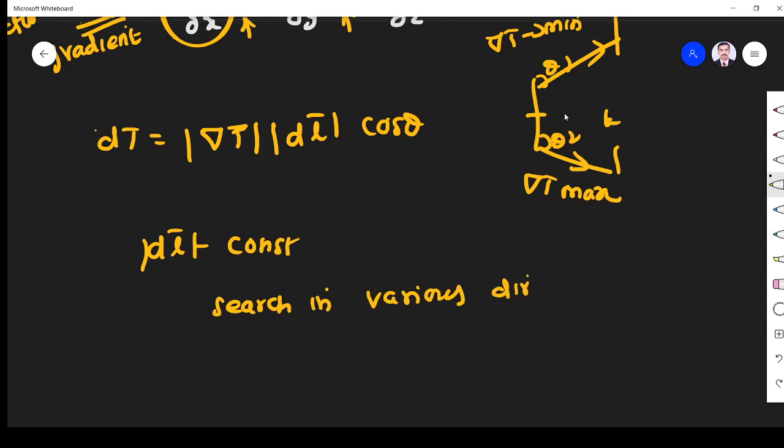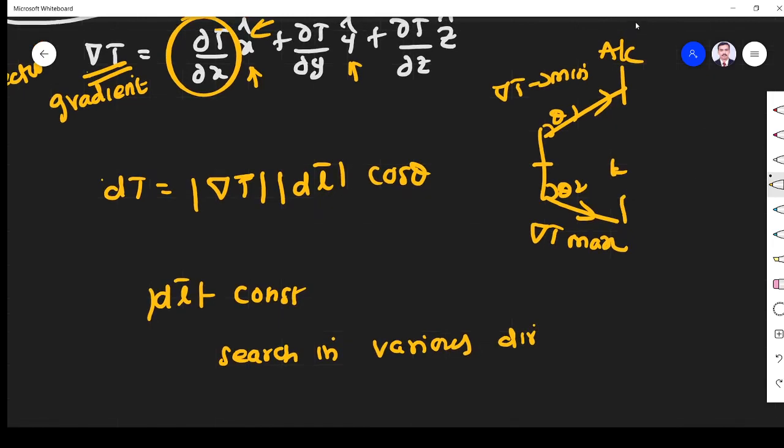Various direction means you change this. I gave the example, kitchen is maximum temperature, AC room is minimum temperature, but in real time, let us assume that we don't know the temperature here or here. So we search in different directions: theta 1 in this direction, theta 2, theta n, up to different directions we change. We search. So searching in various directions means we are changing the theta value, right?